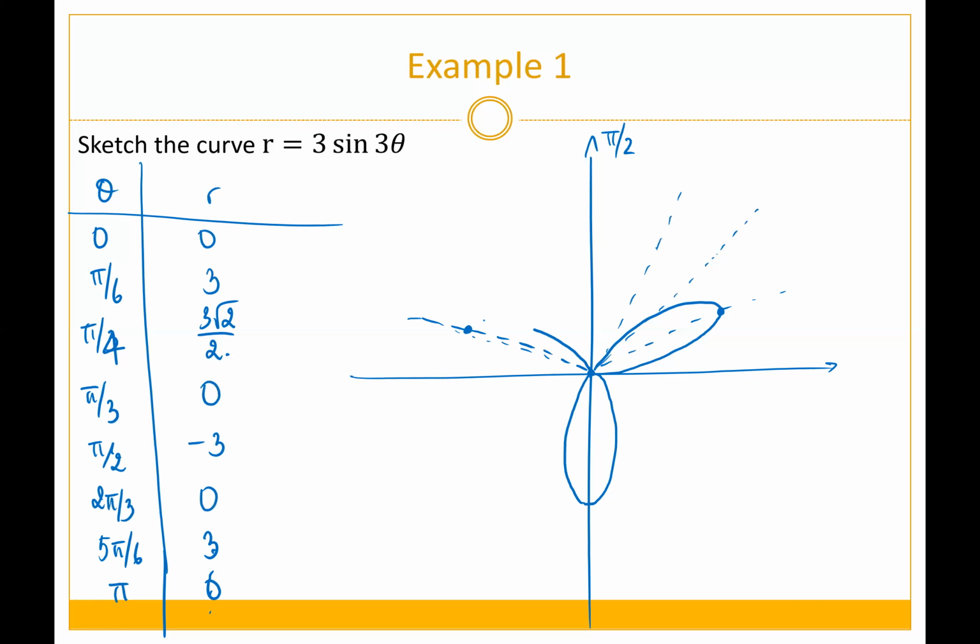You go back here, and then you have 0. Then it's just 0 to pi, and if you repeat the table from pi to 2 pi, you're going to notice the same trend. That is the way we usually graph when you have a lot of points, but you can easily see the trend if the graph is going to repeat more than once from 0 to 2 pi. Let's redraw this one.